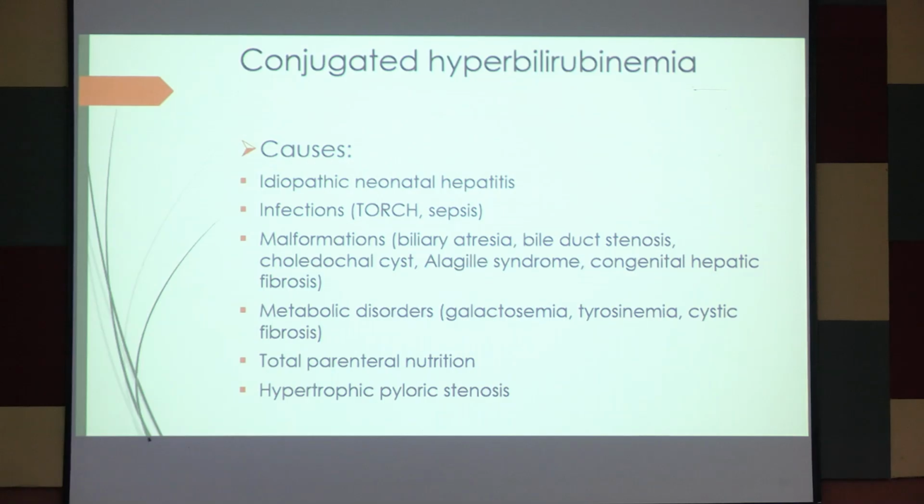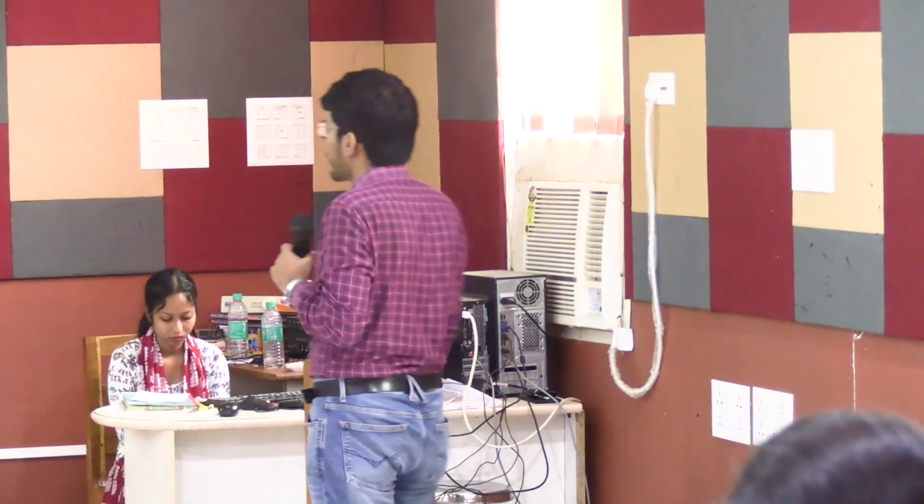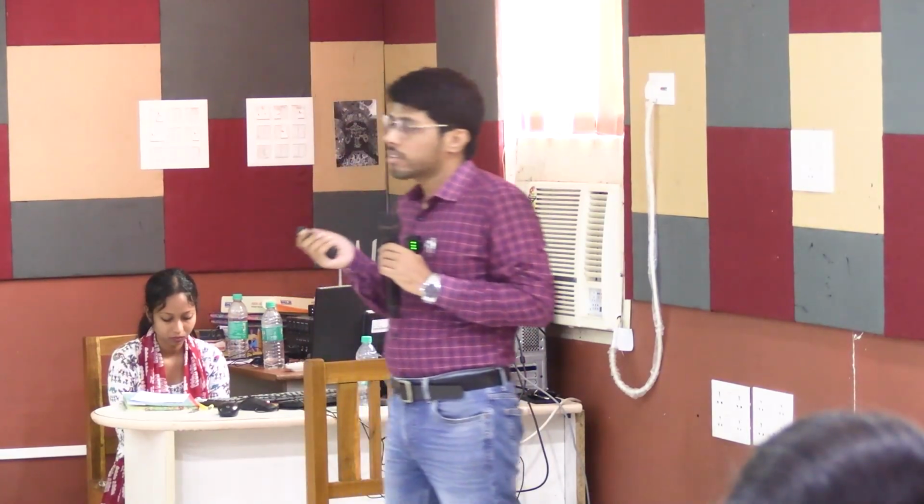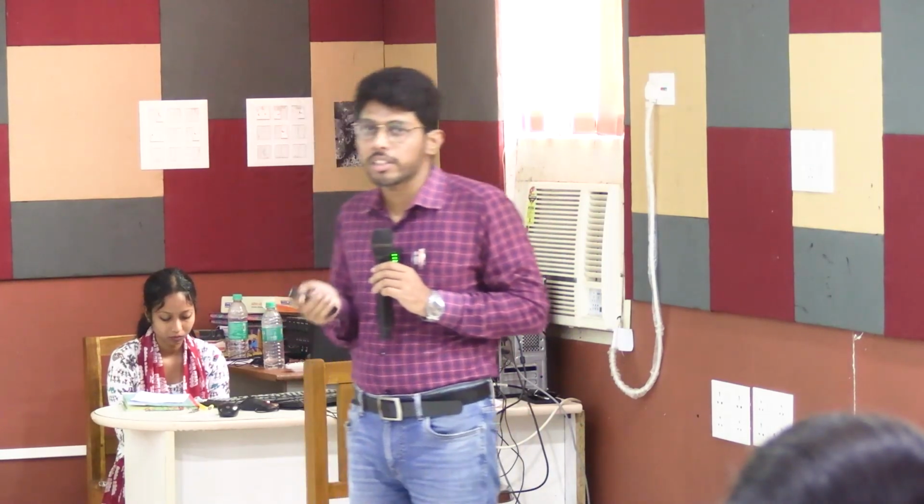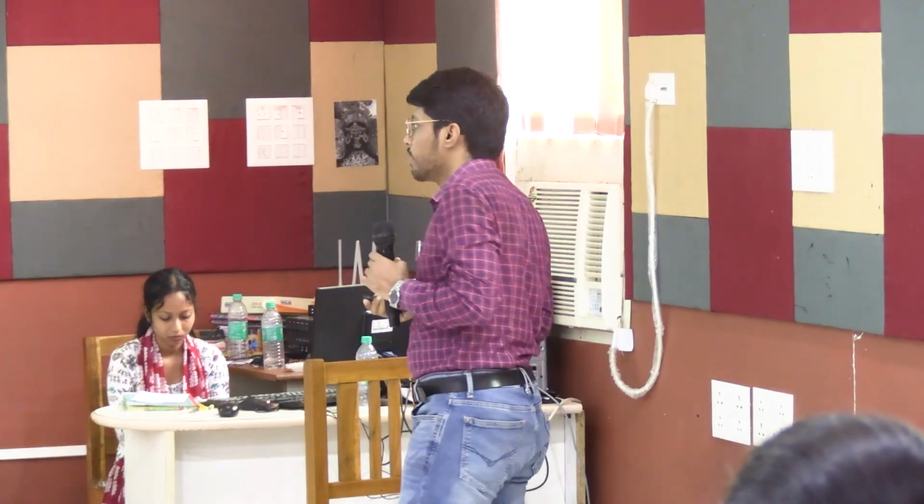Now, conjugated hyperbilirubinemia. What are the causes of conjugated hyperbilirubinemia? Conjugated hyperbilirubinemia means the level of direct bilirubin is more than 20% of total serum bilirubin.